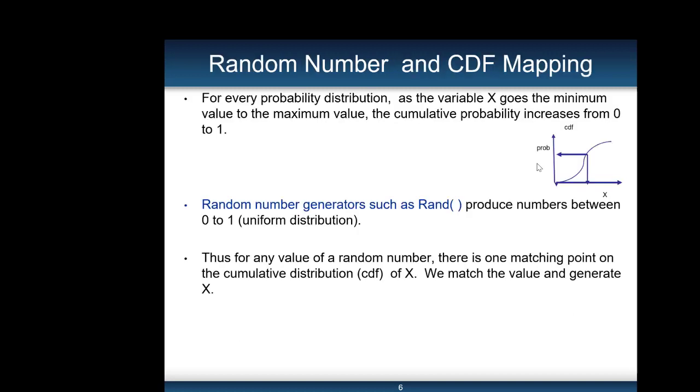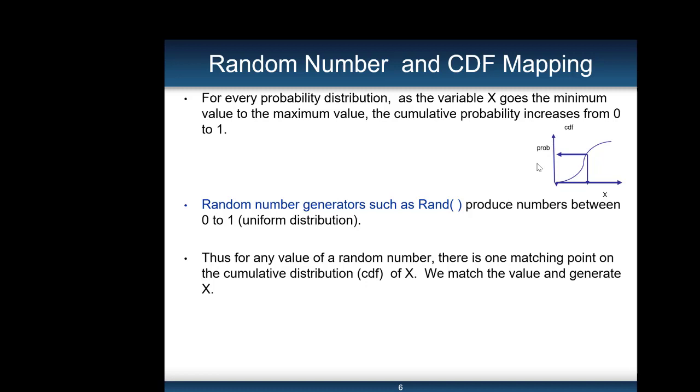I want to give you some intuition of how this is achieved, why we can use a random number generator to simulate a random variable. First of all, I don't know if you're familiar with probability distribution or not. Typically, the cumulative probability varies from the minimum 0 all the way to the maximum 1.